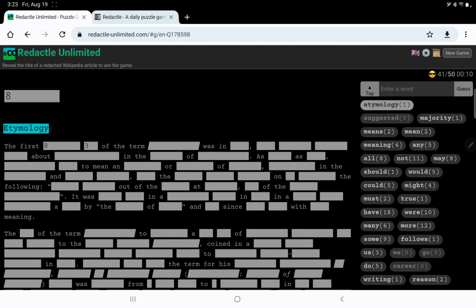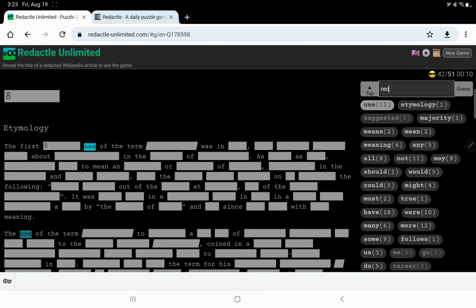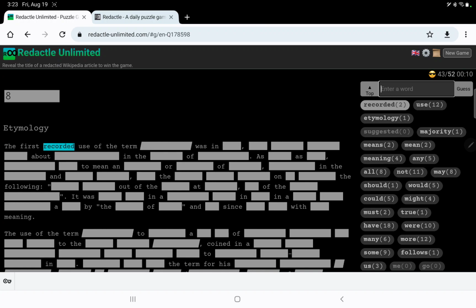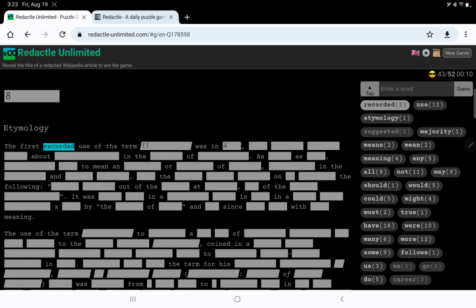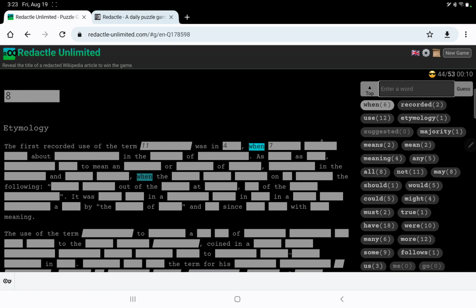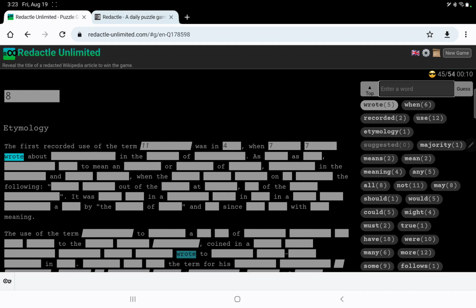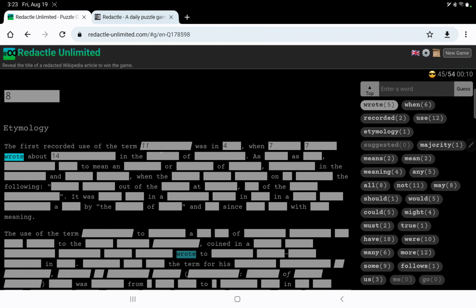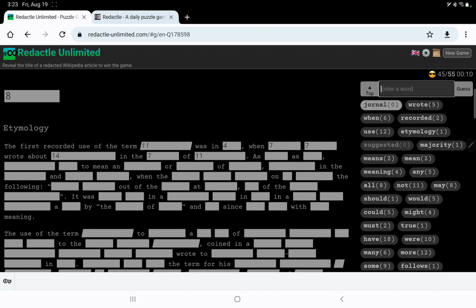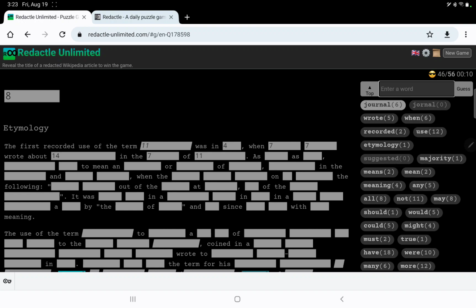The first recorded use of the term 11 was in some year when, well, let's do, I was going to say Albert Einstein, but that's not right. When 7 wrote about 14 in the journal, no, oh, I spelled it wrong.